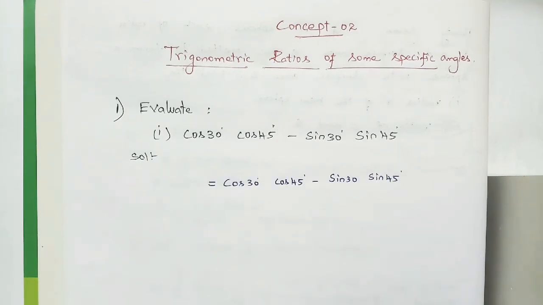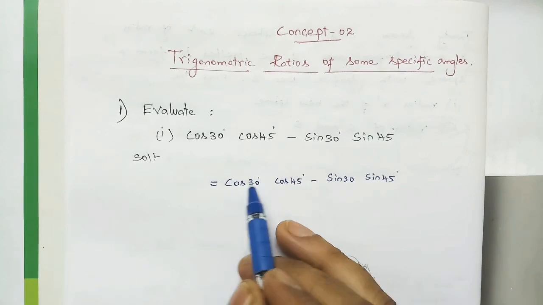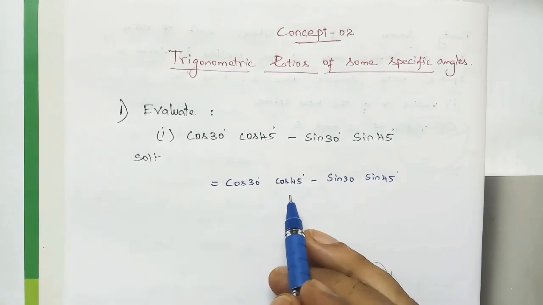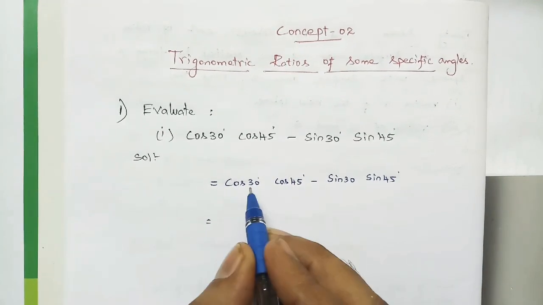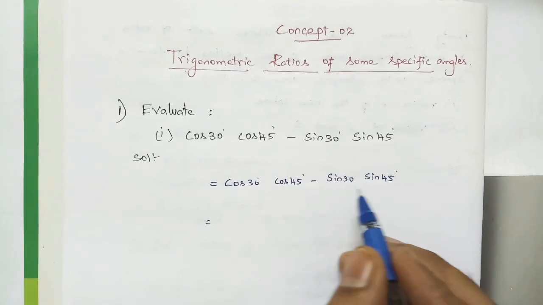It is the same as the BODMAS rule: first simplify inside the bracket, next of, division, multiplication, addition, subtraction. Here we have multiplication and subtraction, so first we complete the multiplication. So first write the values of cos 30, cos 45, sin 30 and sin 45.